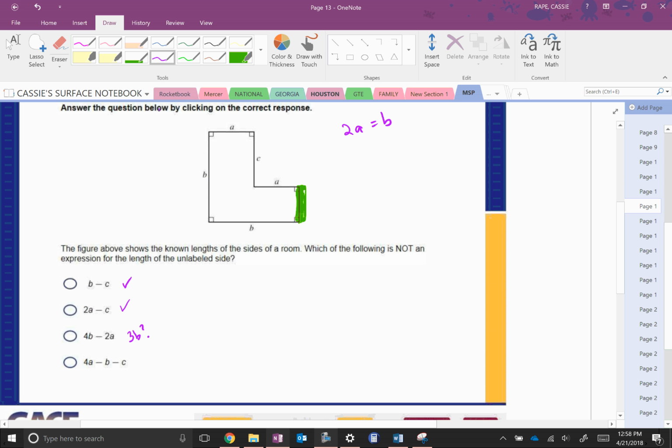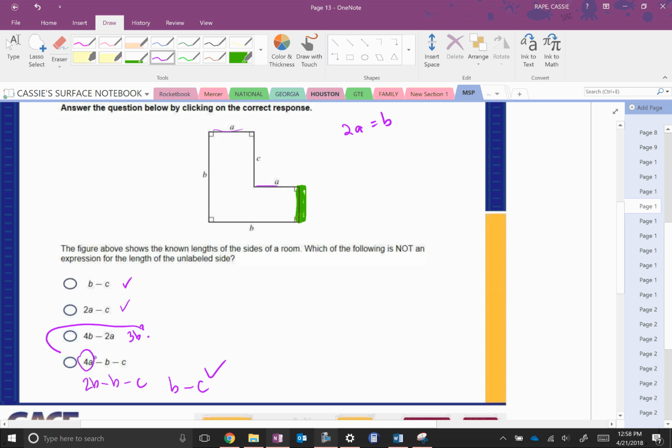Now, if I took 4A and subtracted B, 4A would be 2B, so you could call this 2B, and you subtracted B, and then subtracted C. 2B minus B is 1B minus C, which means yes, you can use that one. So the answer is the third one.